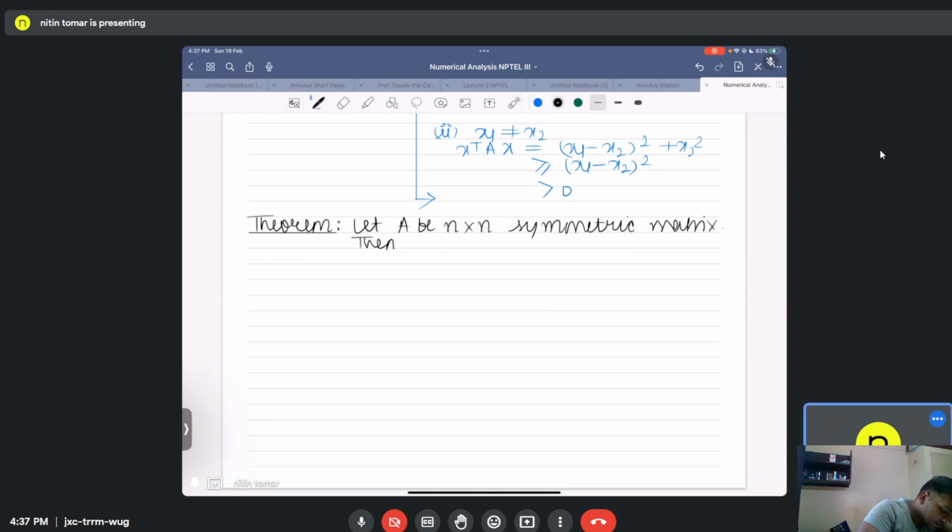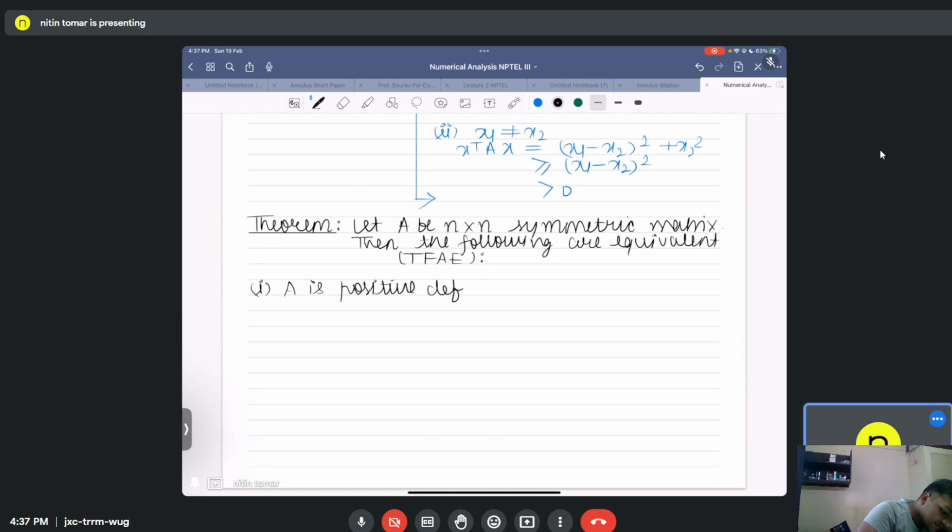It is the short form for the following are equivalent. Number one, A is positive definite.